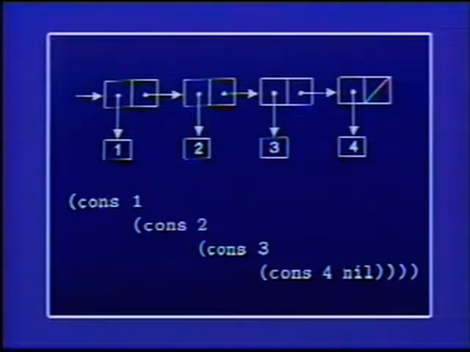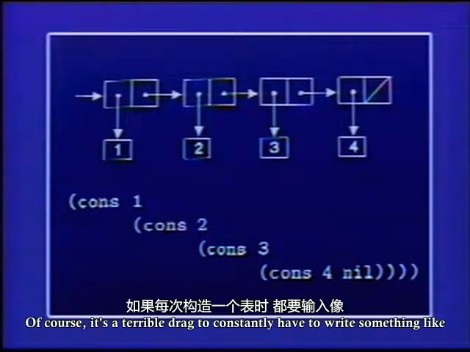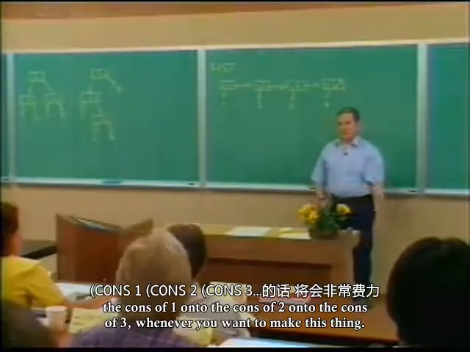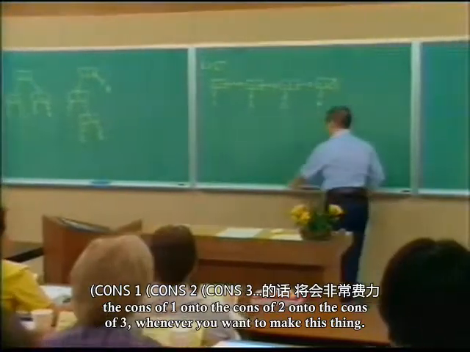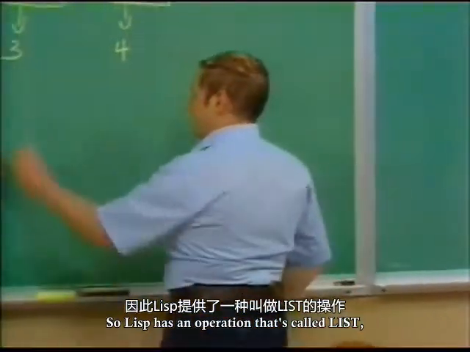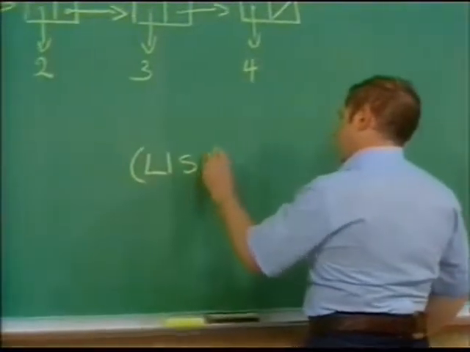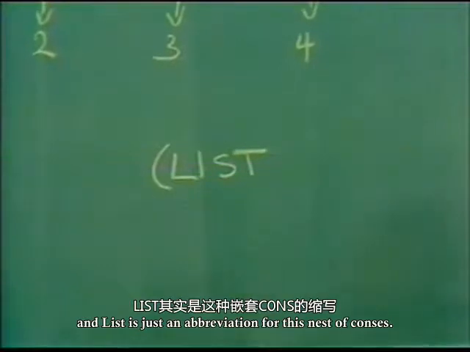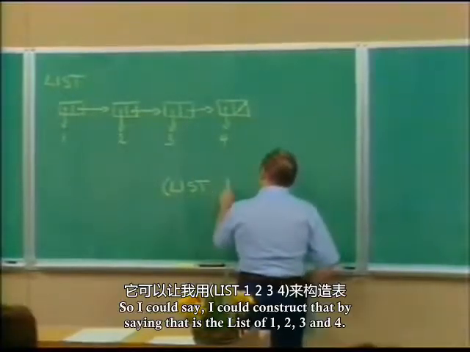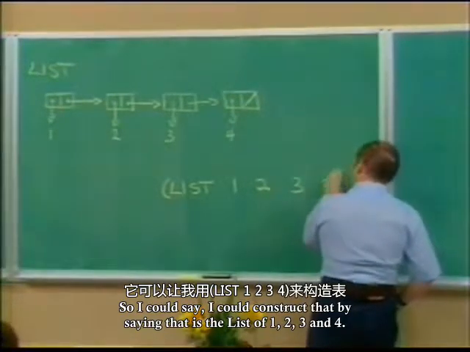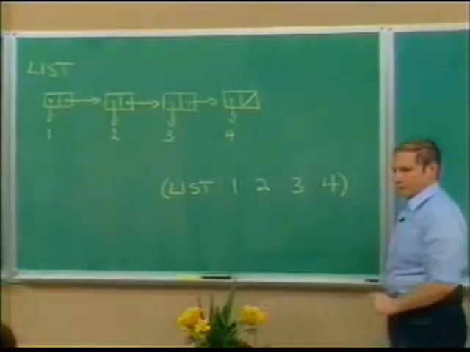Of course, it's a terrible drag to constantly have to write something like the cons of 1 onto the cons of 2 onto the cons of 3 whenever you want to make these things. So Lisp has an operation that's called list. And list is just an abbreviation for this nest of conses. So I could construct that by saying that is the list of 1, 2, 3, and 4.